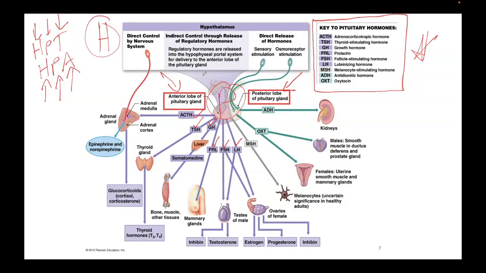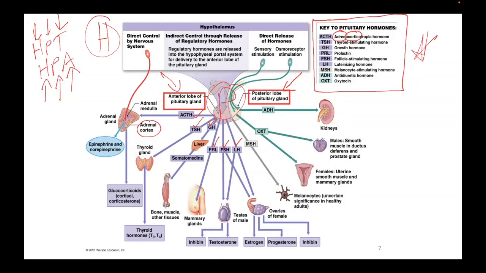Now, when the hypothalamus sends a signal to the anterior pituitary, that hormone is adrenocorticotropic hormone. When we look at the term, adreno is adrenal gland, cortico is from cortex. Now, cortex means the bark of a tree, which is the outer protection to the tree. So adrenocorticotropic hormone is going to go to the cortex.